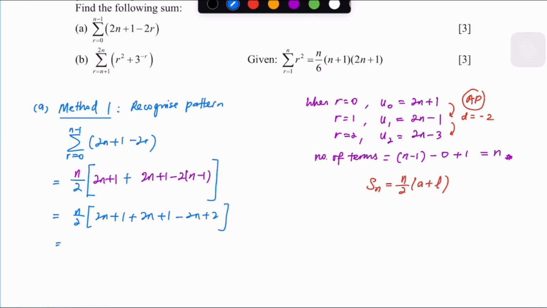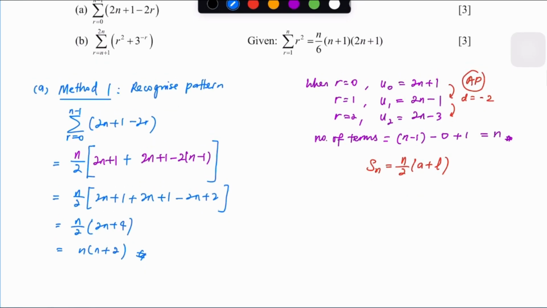Altogether, this would be n over 2 times 2n plus 4, then this would be n times n plus 2. n squared plus 2n also can. So this is method 1.